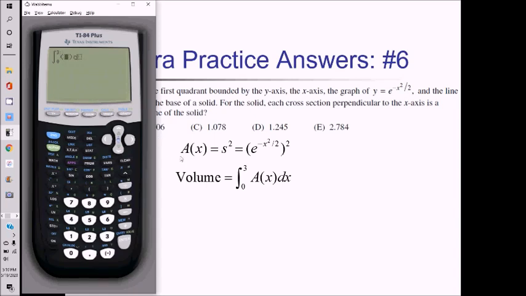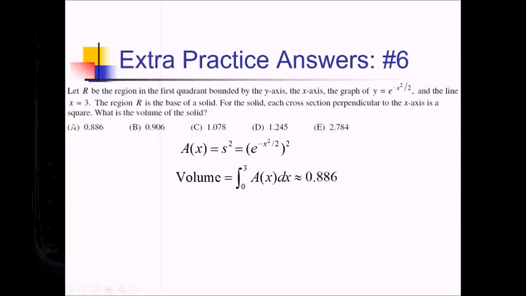And the A of x in here that I'm actually integrating is this thing here, which when you get down to it, I already stored the stuff here that's being squared as y1. This was the original function. So I'm just going to take y1, so alpha trace y1, and square that. And then I'll just do dx here, press enter, and hope for the best. Comes out to about 0.886, which gives me answer choice A.